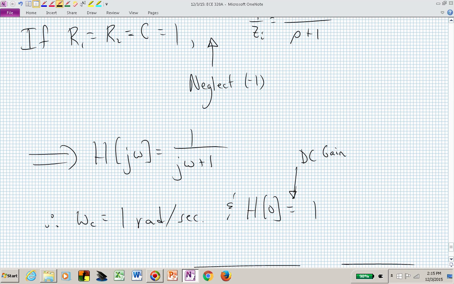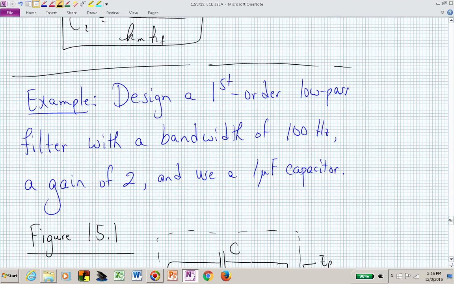We can plug in omega equal to 0 to give us the transfer function's characteristic at DC, which gives us 1 over 1, or 1. These particular values, a bandwidth of 1 radian per second and a DC gain of 1, are not quite what we need to satisfy our design requirement, which was to have a bandwidth of 100 hertz and a gain of 2.